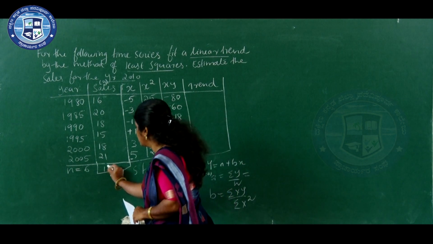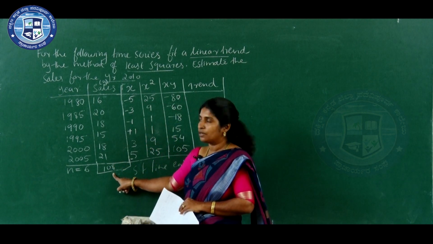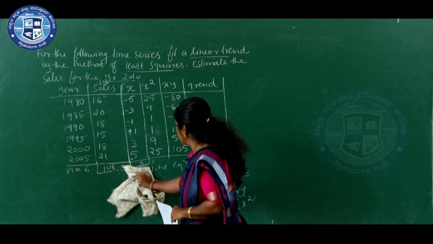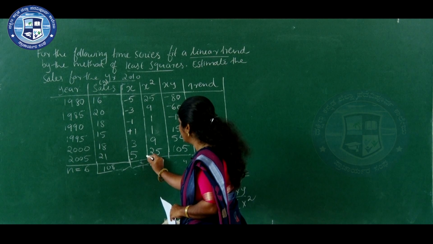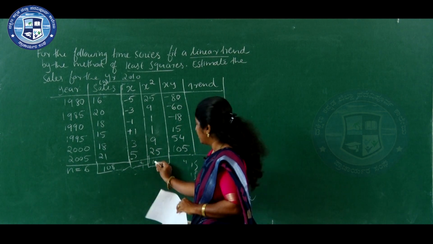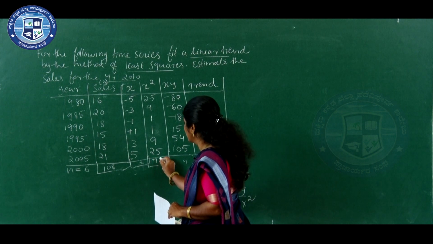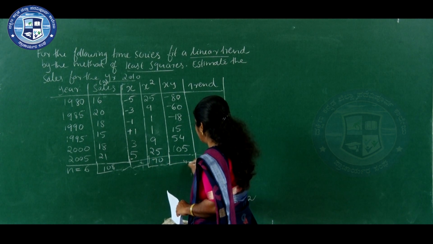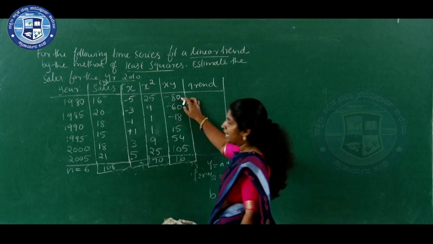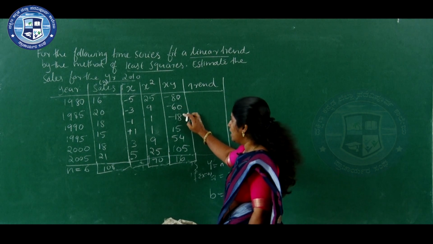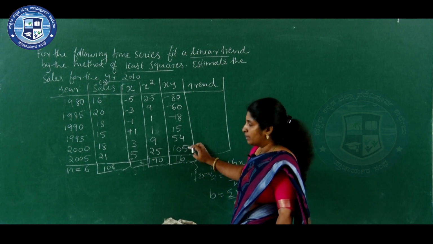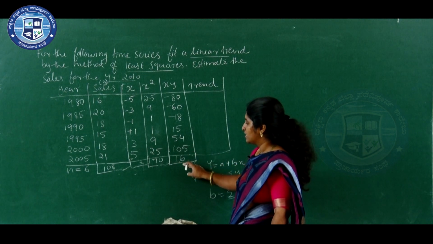Summation y is 108, summation x is 0, summation x square is 70, and summation xy is minus 80, minus 60, minus 18, plus 15, plus 54, plus 105, and the answer is 16.